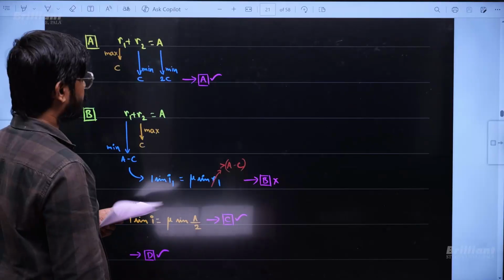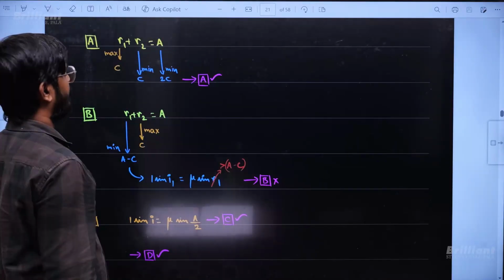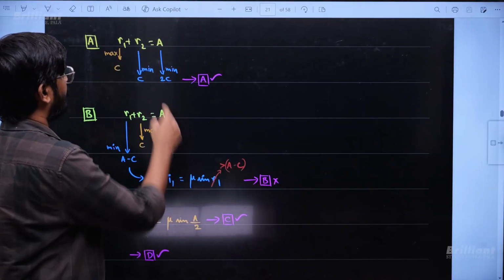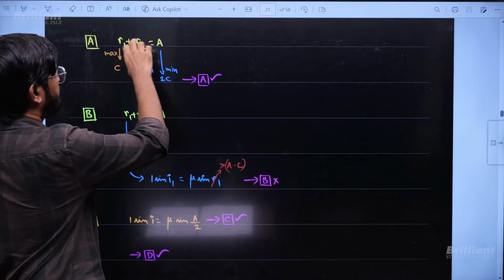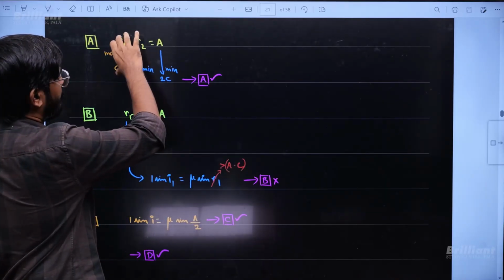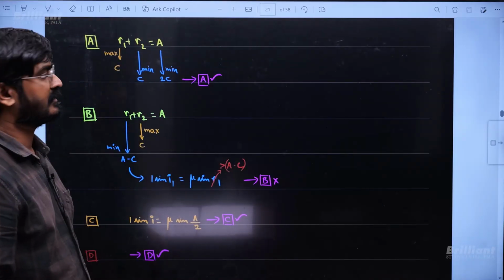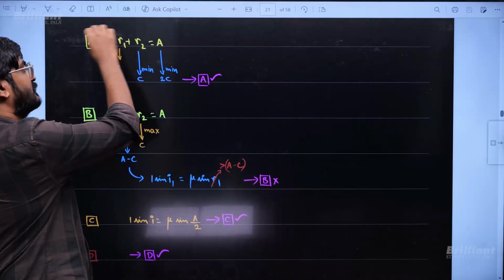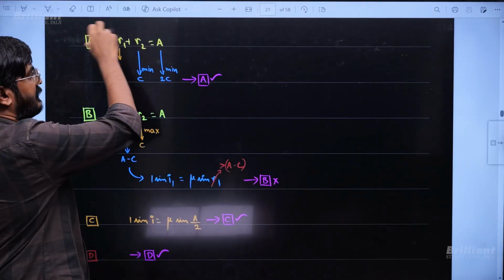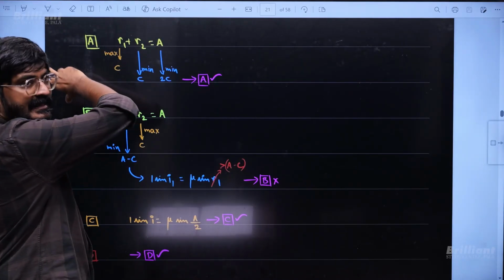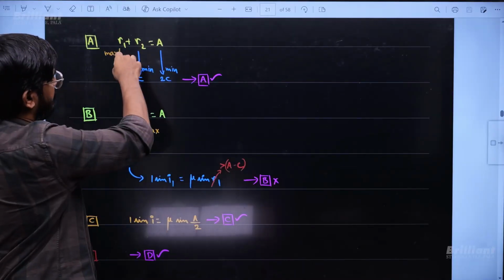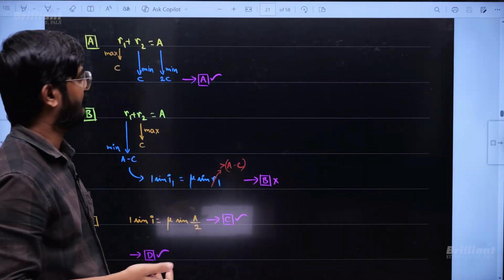Now, if I am bothered about what this value is, R1 plus R2 is a constant. If you are inquiring about R1 maximum, R1 depends on I1. If R1 is maximum, that implies I1 is maximum. I1 maximum is 90. For 90 degrees, R1 maximum is going to be the critical angle value.